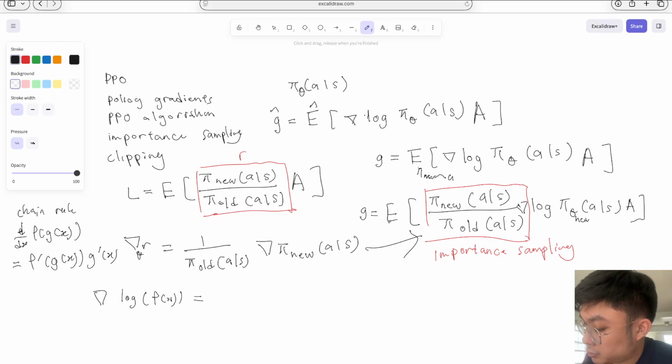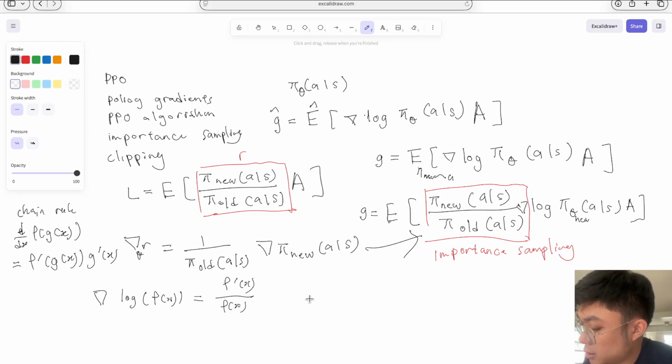In this case we get f prime of g(x), which is one over f(x), times f prime of x, right?